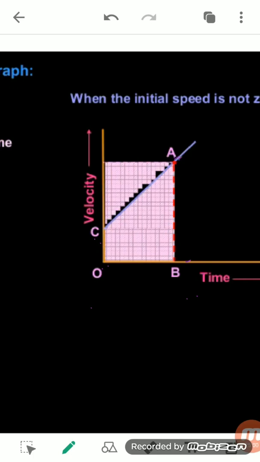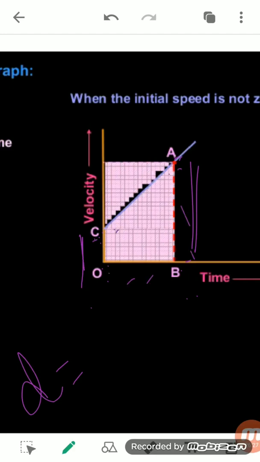Now the figure OCAB has two parallel sides, one is OC and the other is AB. Such a figure represents a trapezium. So the distance traveled by the body in this case is equal to the area of the trapezium.